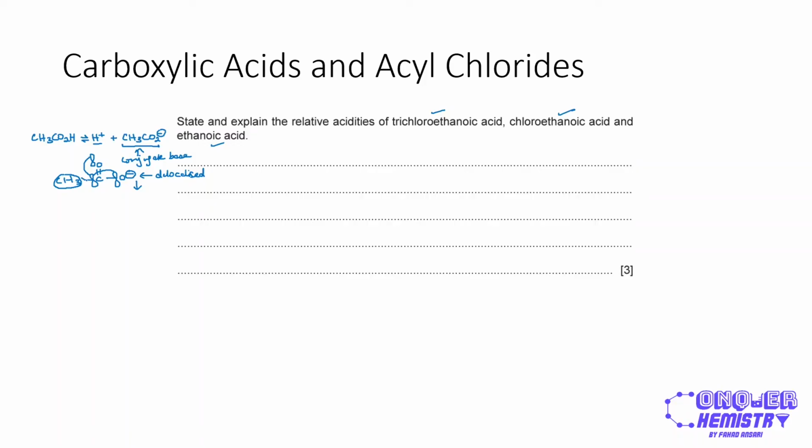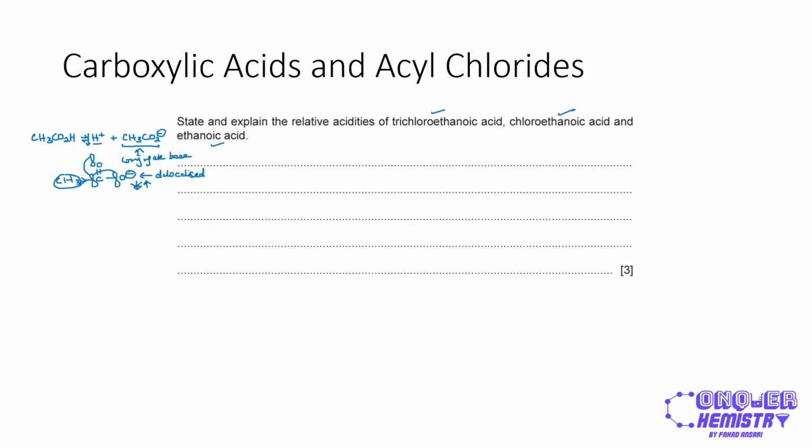So because this is electron donating, this CO2 negative, its charge density goes back up slightly, and so the concentration of H+ remains slightly on the lower end. So ethanoic acid has a relatively lower acidity or relatively higher pH.